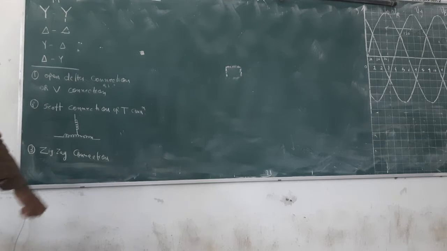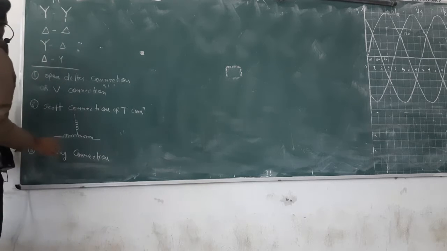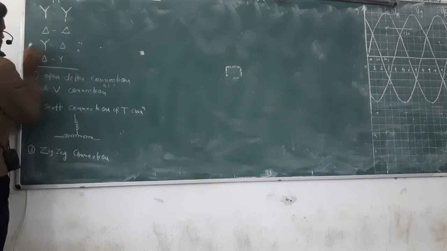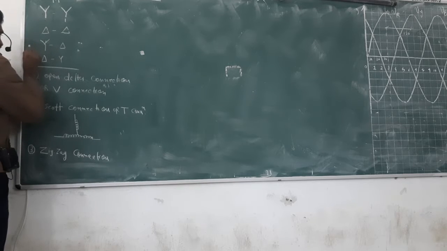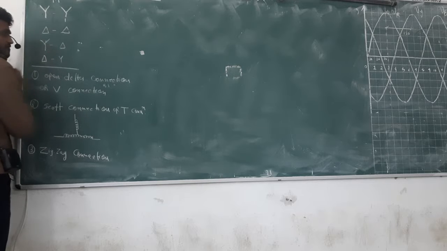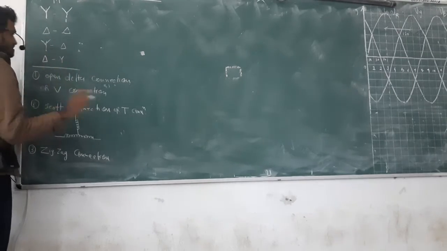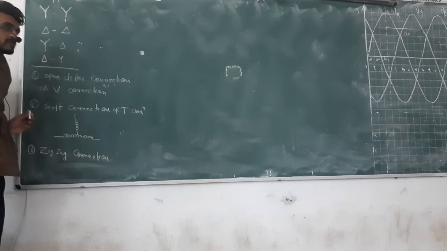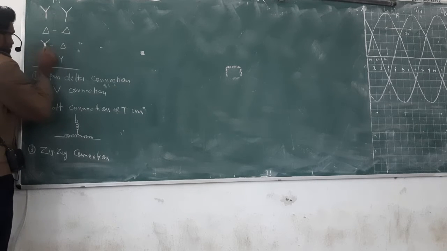But what will happen here? Star to delta. This we discussed last time. If I give supply here and here, this is the line voltage, this voltage is a phase voltage, that voltage is a phase voltage. The phase voltage will be less than the line voltage by a factor of √3. Whatever this phase voltage is will induce the secondary voltage in this winding.